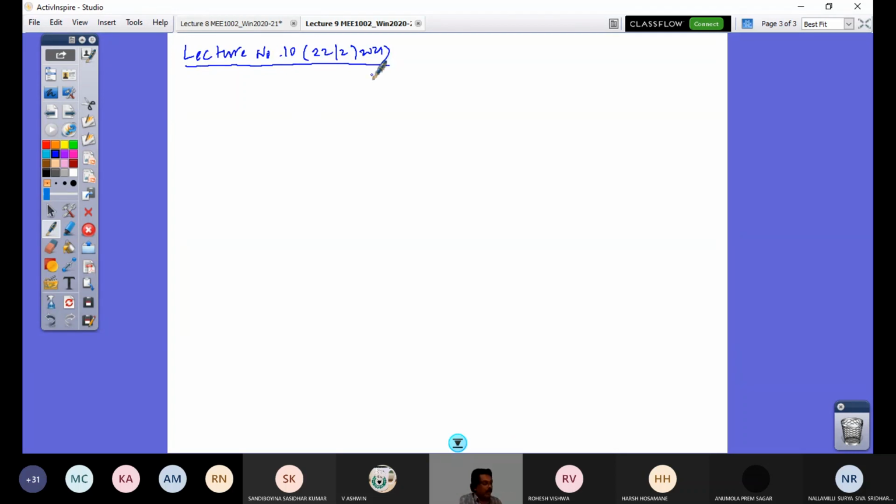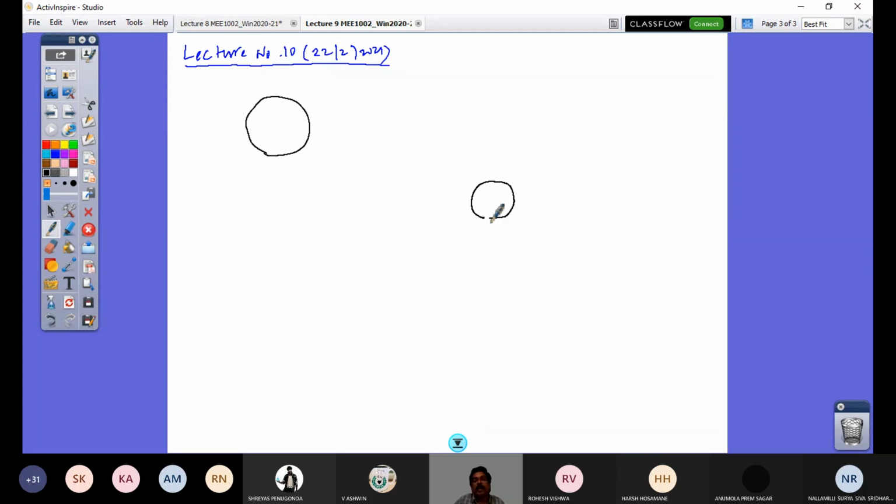and let's solve that problem. I'm going to have two discs connected by a slender bar. There is a circular disc, and there is another circular disc which is smaller in dimension.